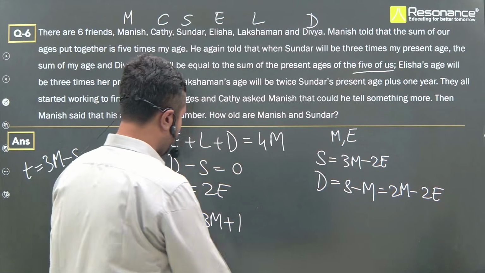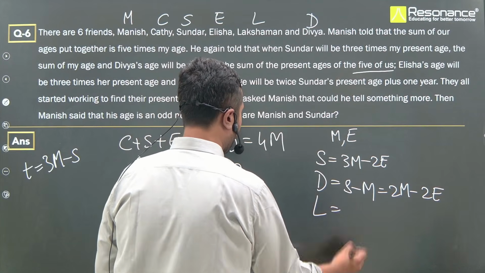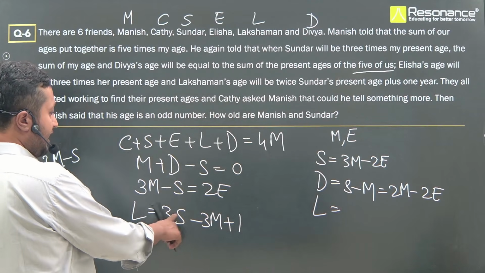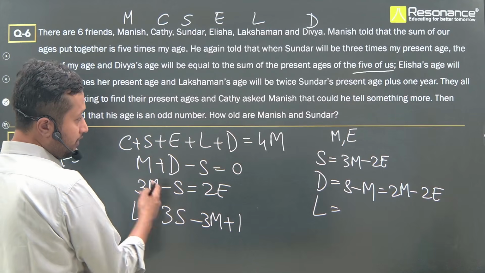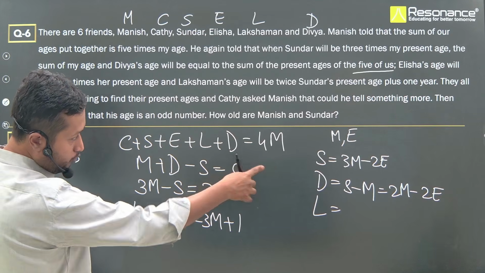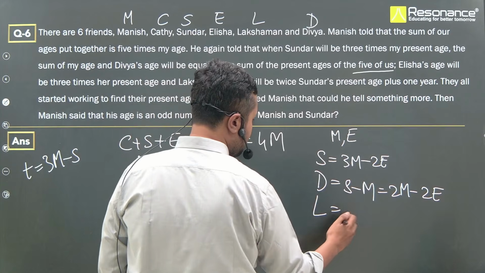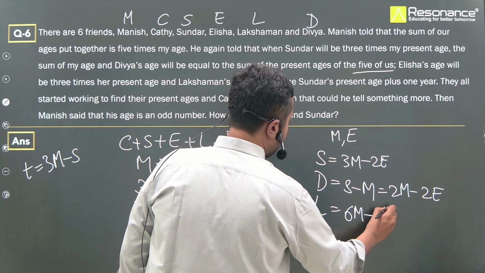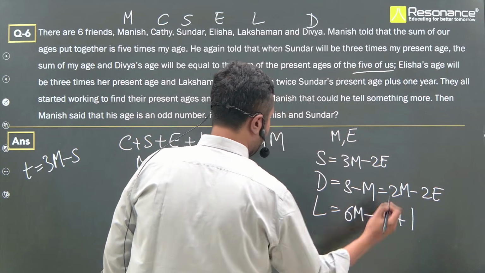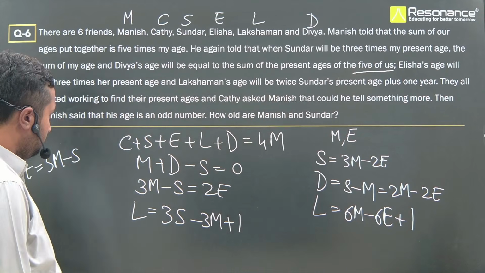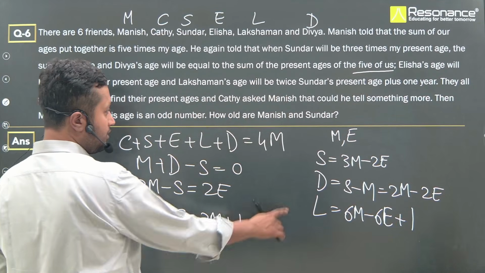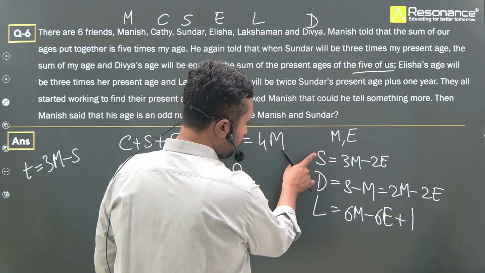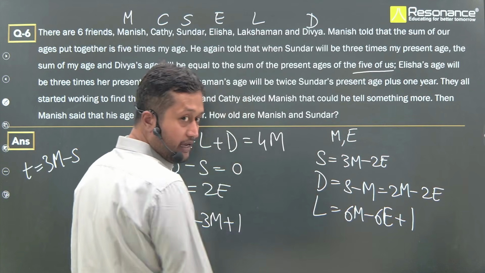And next, we can go for L. That is 3 times S minus M, but S minus M is 2 times M minus E, so 3 times that, so it will be 6 times M minus E plus 1. Right? So in terms of M and E, we could figure out S, D, and L.